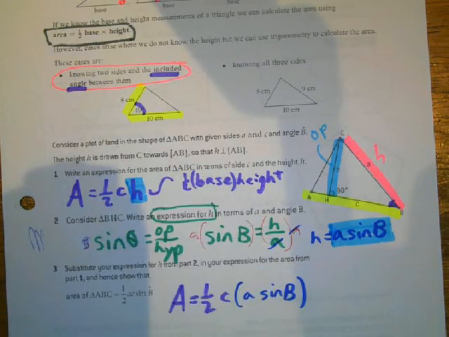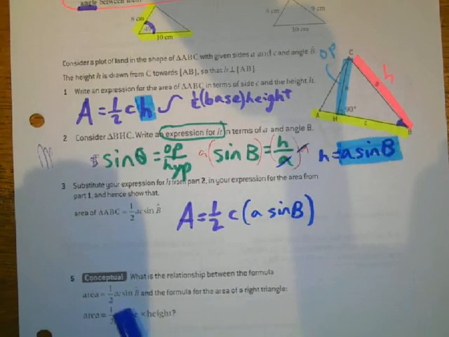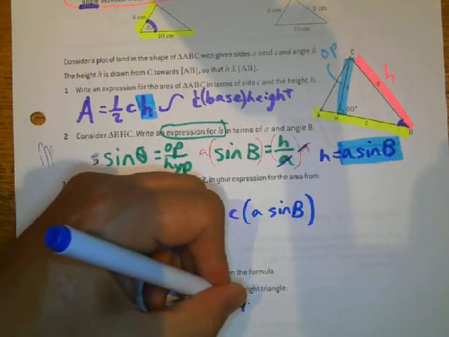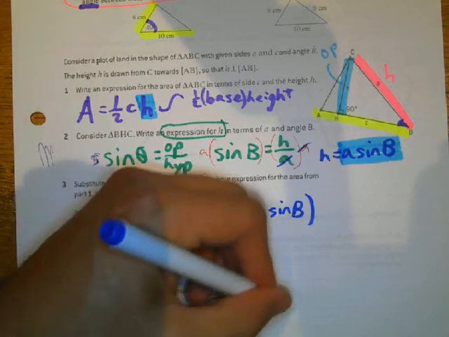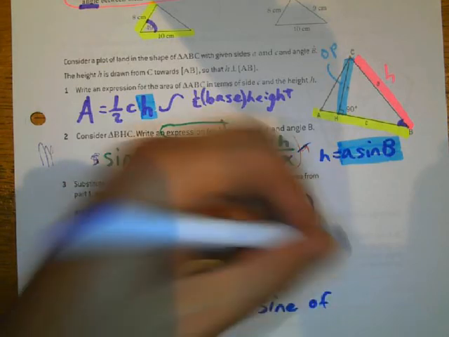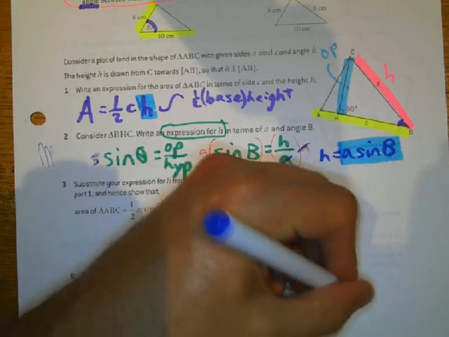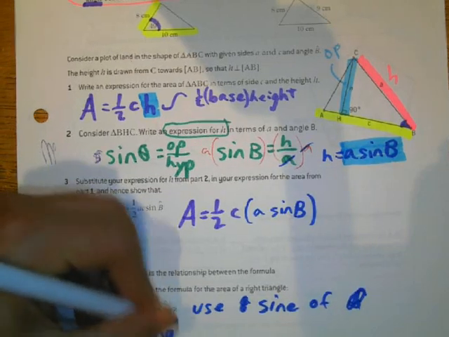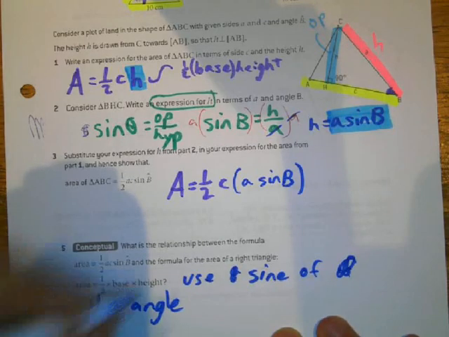Okay, so what is the relationship between the formula here and the area of a right triangle, 1/2 base times height? So basically, we used sine of the angle to represent the height.